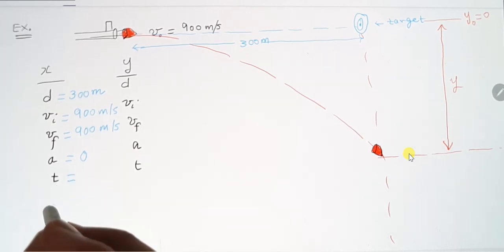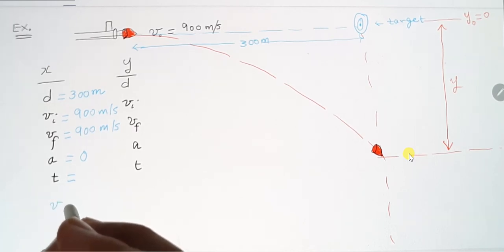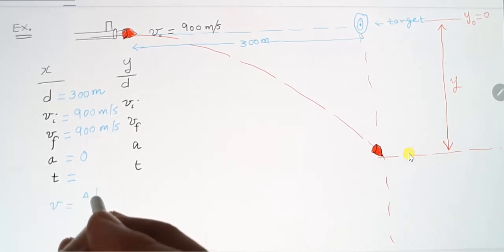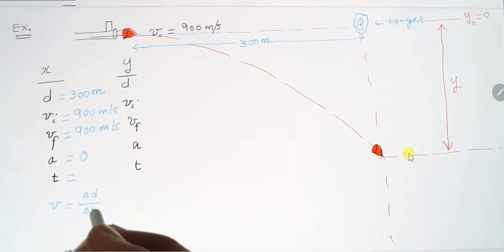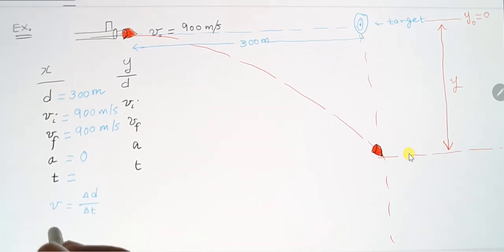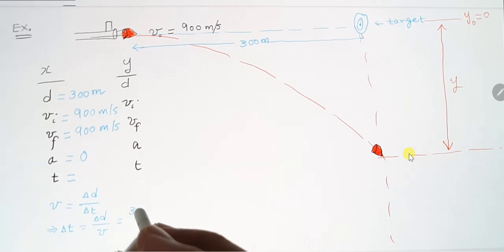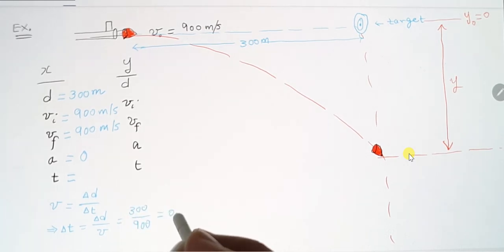Yes, we said V equals delta D over delta T. So delta T equals delta D over V, which is 300 divided by 900, which is 1/3. So that's 0.333 seconds.